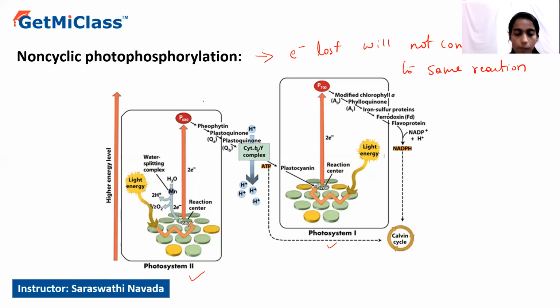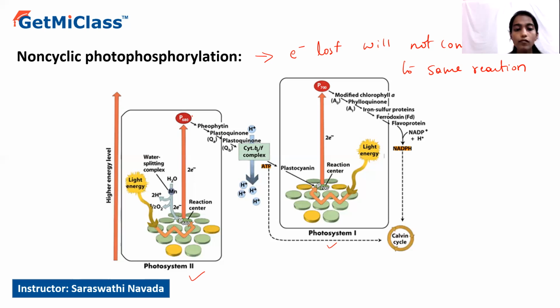Now the high energy electron that is formed in the photosystem cannot be retained in a higher energy state for a longer duration. Either it has to come back to the ground state or it should be accepted by the electron carrier.